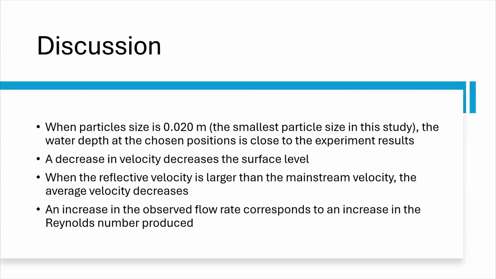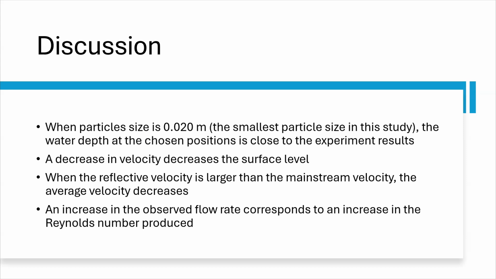For discussion, when the particle size is 0.02 meter, the smallest particle size in this study, the water depth at the chosen position is close to the experiment result, because the number of particles they simulate is bigger.